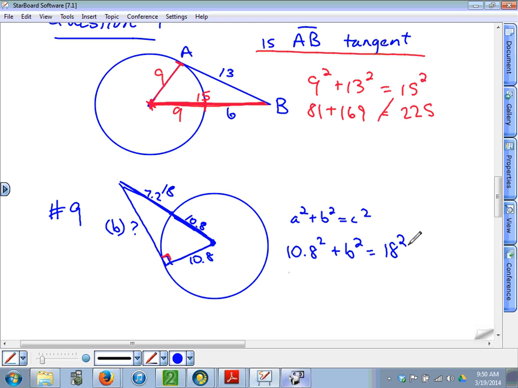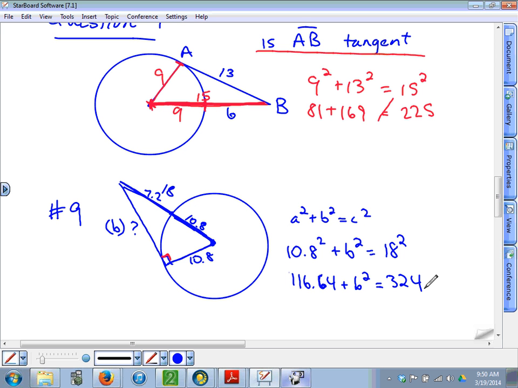Okay. Let's go ahead and finish this. I need you guys' help though. I don't have a calculator. What's 10.8 to the second power? 116.64 plus b squared. Help me out again. 18 squared. 324.